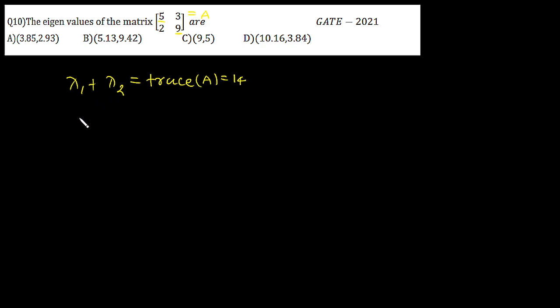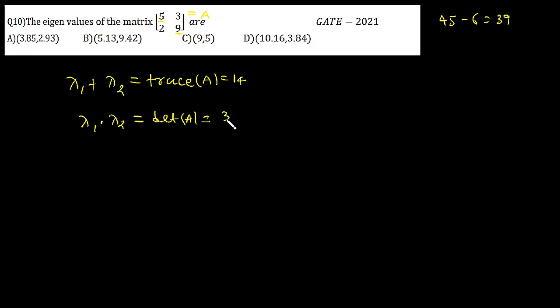Now use another property: the multiplication of the two eigenvalues is simply the determinant of this matrix A. Let's find the determinant: 9 multiplied by 5 is 45, minus 6, so we get a determinant of 39.